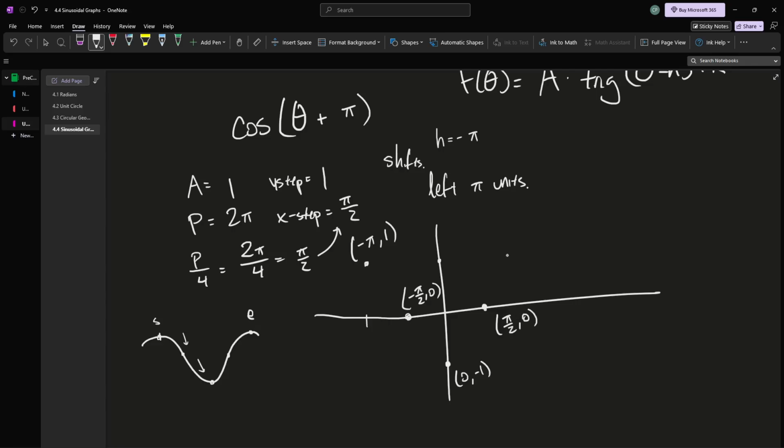And finally, go to the right one more. So it becomes pi, 1. This is my graph. 5 points. All we needed was the starting point, and you just follow your x and y steps.